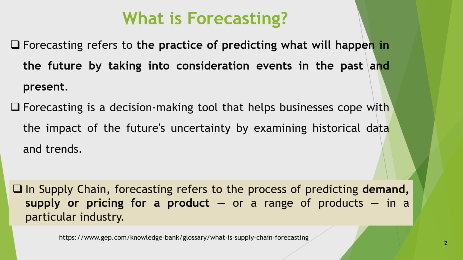So time history analysis is very much related with forecasting. We have past data, based on that we are making inferences for the future. In supply chain, forecasting refers to the process of predicting demand, supply or pricing for a product or a range of products in a particular industry.